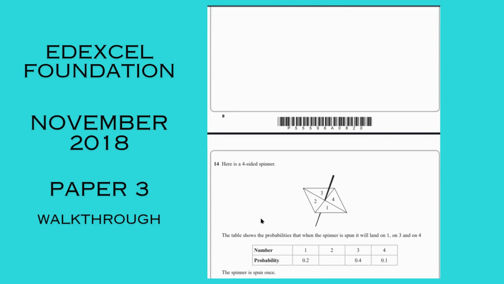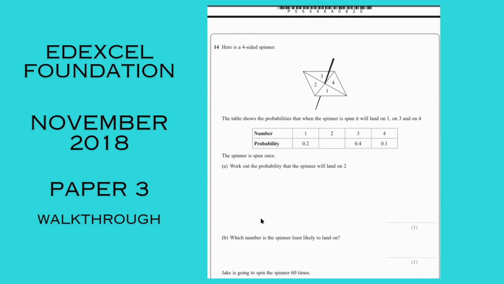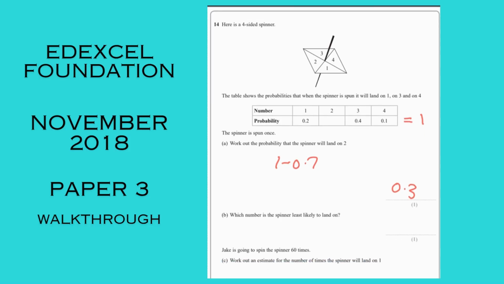Into number 14. Probability. Work out the probability it will land on a 2. Don't forget the sum of all probabilities should equal 1. So on your calculator, 1 minus 0.7 should fill in with a 0.3. Which number is it least likely? Well, the lowest number in terms of probability is 0.1.